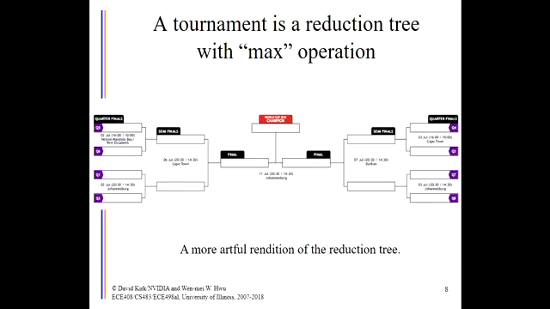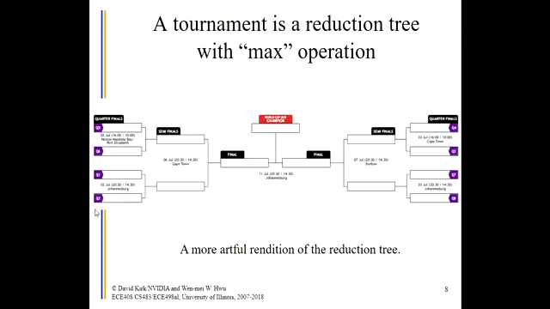Coming into the tournament, there are 8 teams that are the regional champions, right? So they come into South Africa, and we have 8 teams that are going to get a max reduction. The champion is finally the max among all the initial 8 teams.